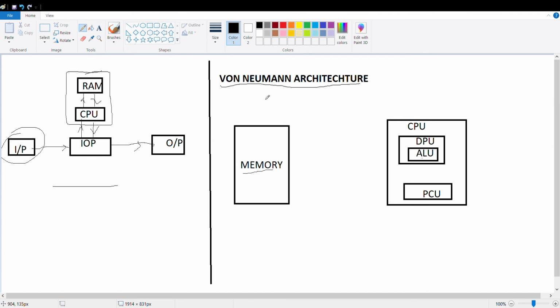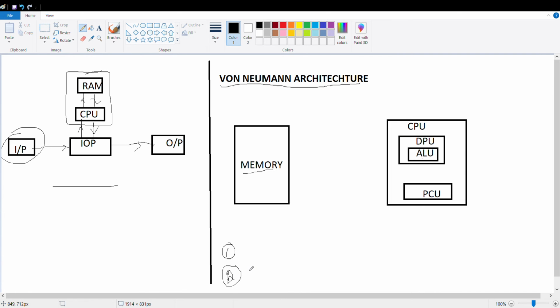In the von Neumann architecture, the first condition is having a single shared memory. So there is only one memory here, that is known as single shared memory. And the second thing is there will be two bus lines.